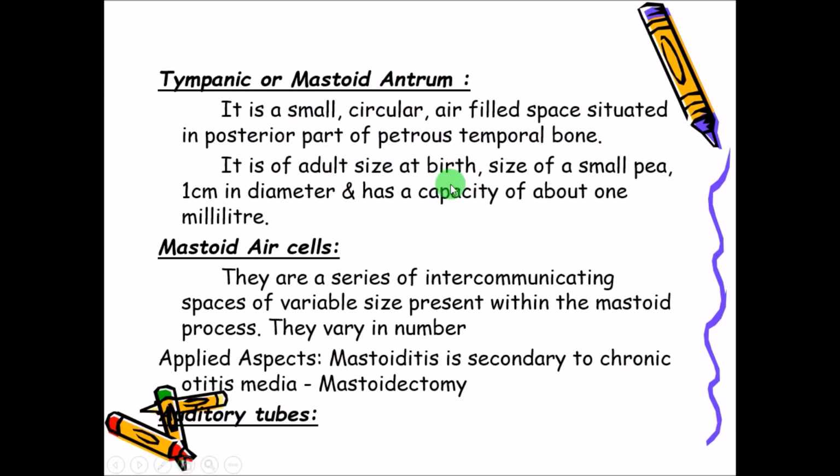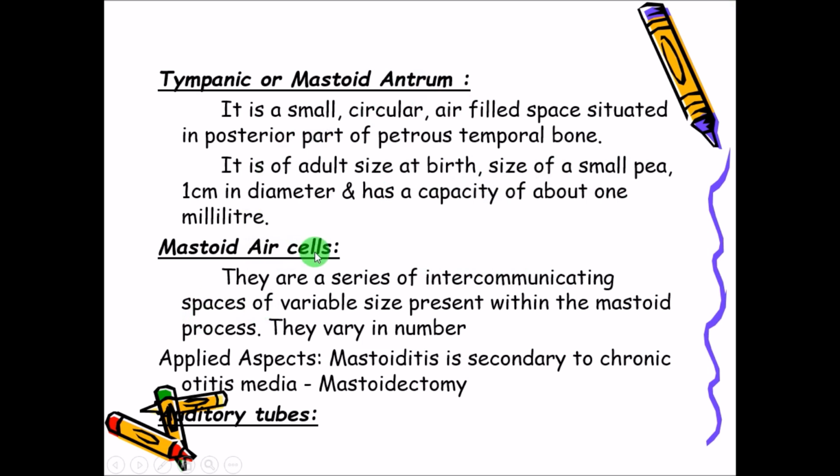Even the mastoid antrum will be the size of an adult by birth, but it is very small. Even though it is adult size, it is almost a small pea, just 1 centimeter in diameter, with a capacity of about 1 milliliter. That's all, but it is important. Now we'll talk about how it is important.